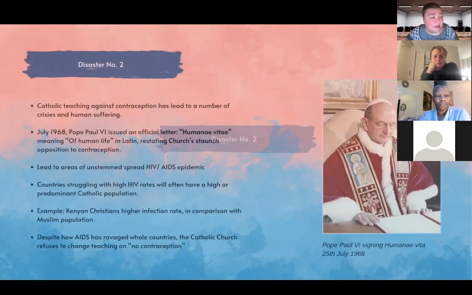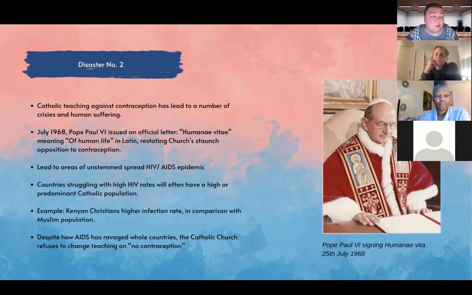Secondly, the Catholic teaching against the use of contraception, including the use of condoms, has led to a number of crises and human suffering. As a continuation of a long tradition, in July 1968, Pope Paul VI issued an official letter called Humanae Vitae, meaning of human life. In it, he restated the Church's staunch opposition to contraception.